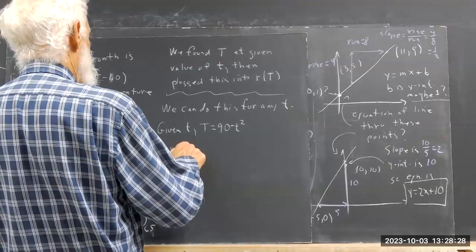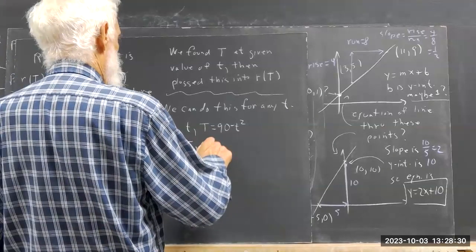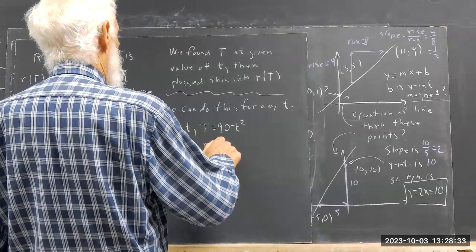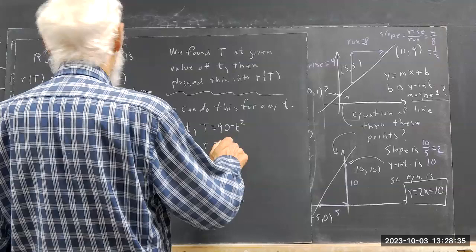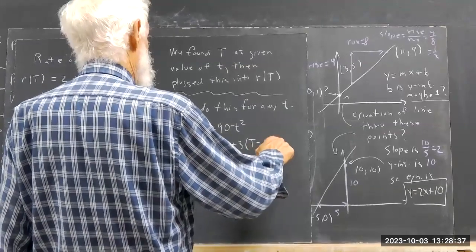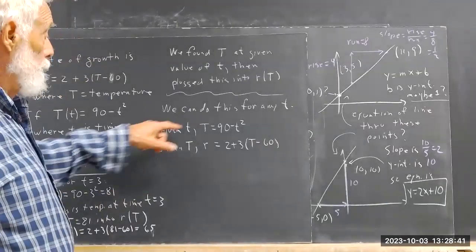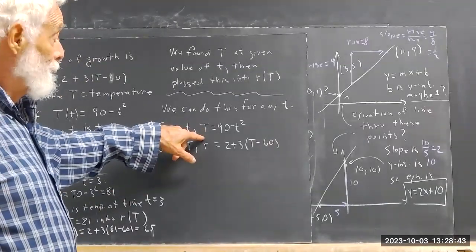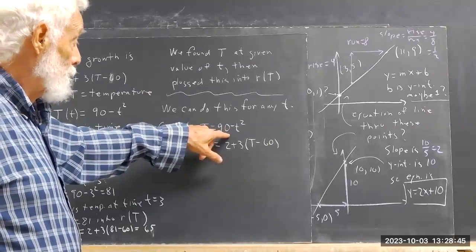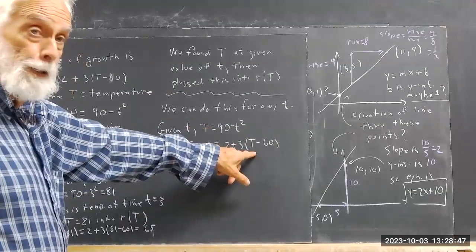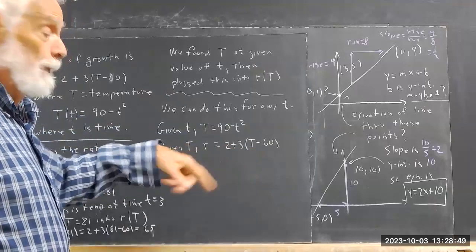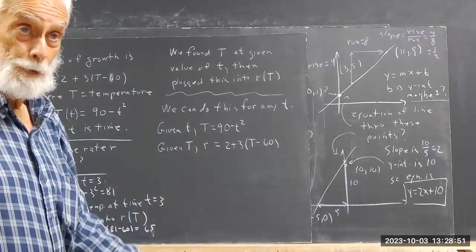Given big T, R equals 2 plus 3 times big T minus 60. Well, if we're given little t, we can find big T. There's our big T. So if we plug that in here, we get a formula for R in terms of little t.